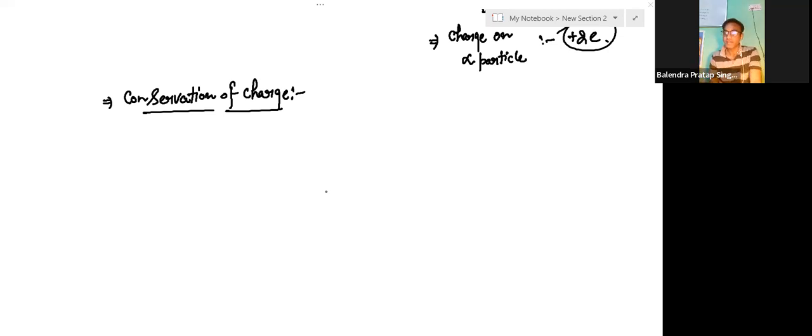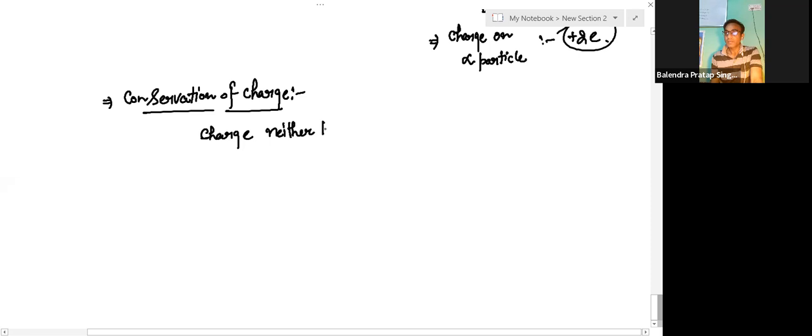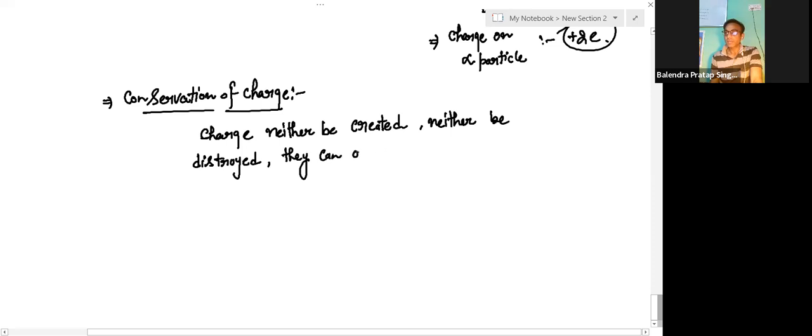This is all about conservation of charge. I think it's very easy; there is nothing very technical in it. So we can write: charge can neither be created nor be destroyed; it can only be transferred. And one more point: the total charge of an isolated system remains constant.